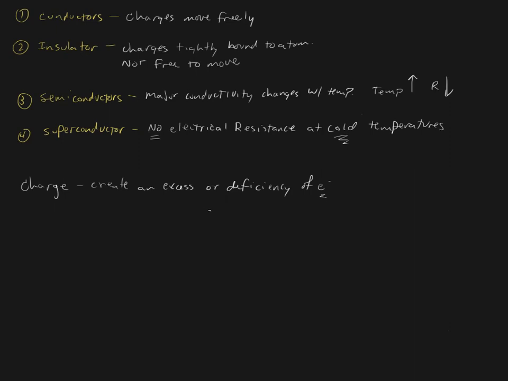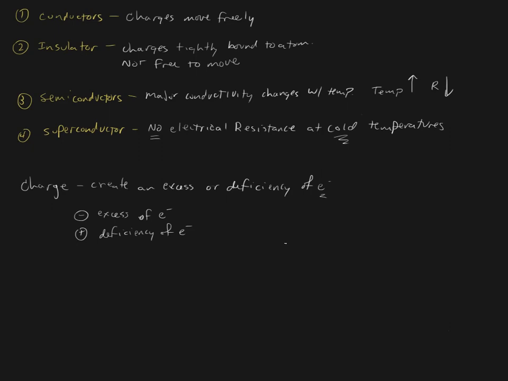You have a nuclear reaction, which is resulting in a new element being created. So if something is negatively charged, then that means you have an excess of electrons. And if it's positively charged, you have a deficiency of electrons.